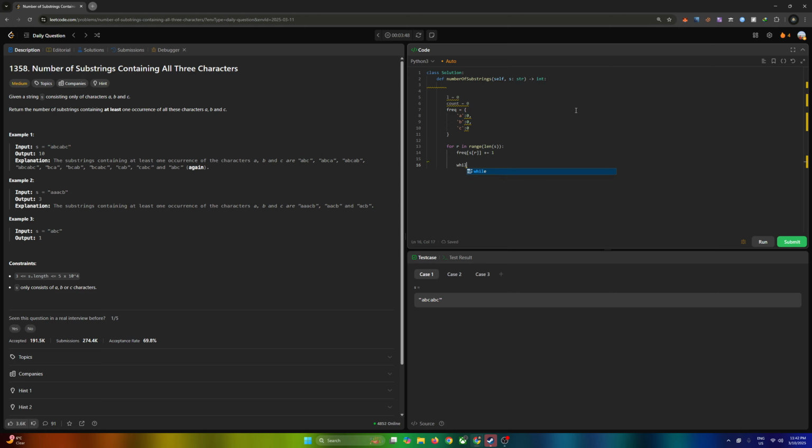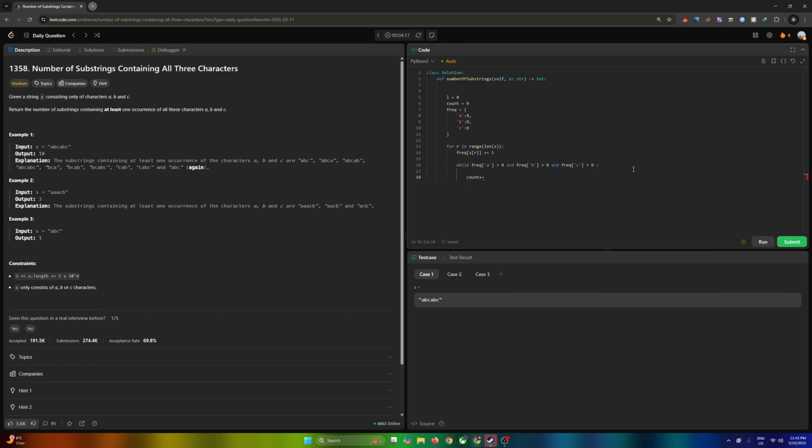So for that we can have a check where we will check if it's there, and similarly for the two characters, right? So A, B, and C. Now if this condition is satisfied, that means we want to increment our count.